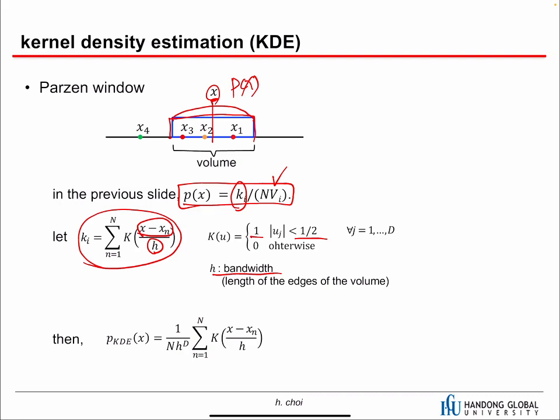Look at this one: x minus x3 is smaller than h over 2, right? This one is h, and this one is h over 2. So it is 1. And x4 is out of this window, so it is 0. We just simply count the samples in this window. Since k is defined in this way, the probability based on KDE is simply like this.